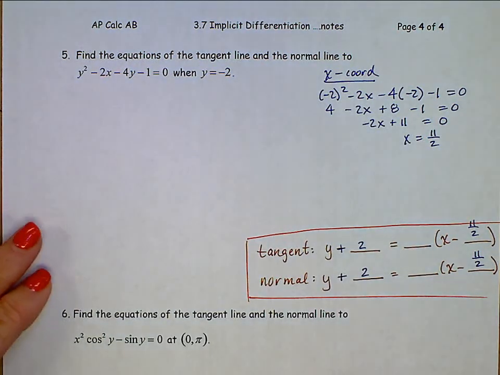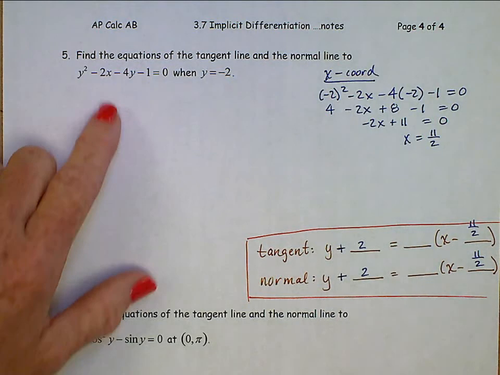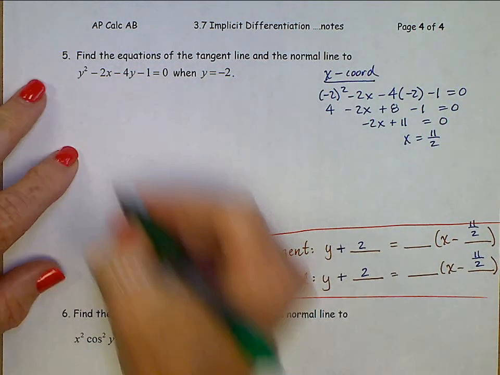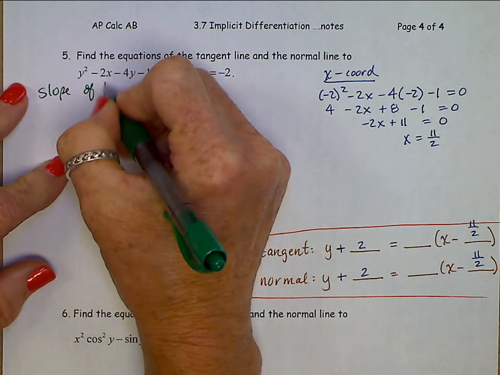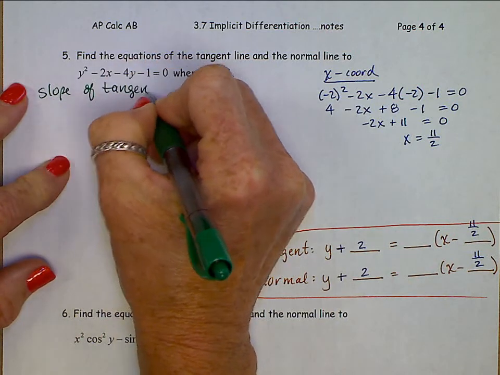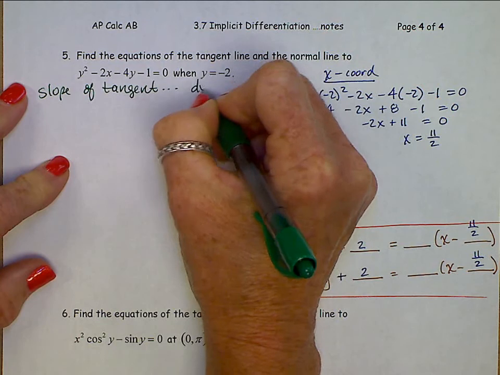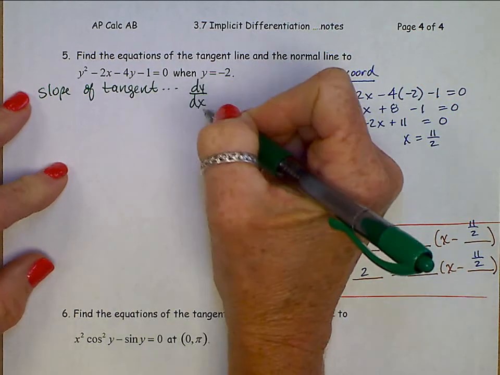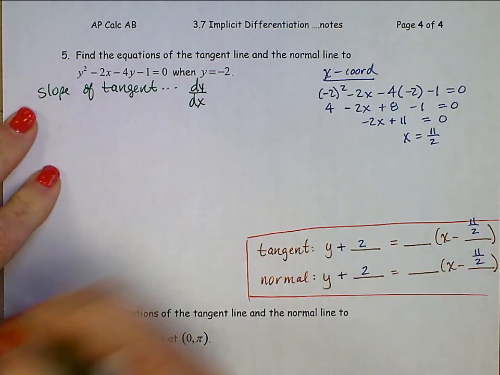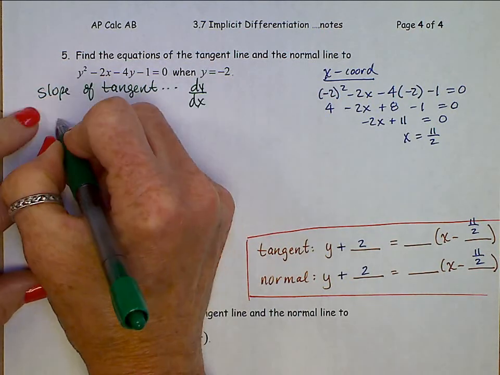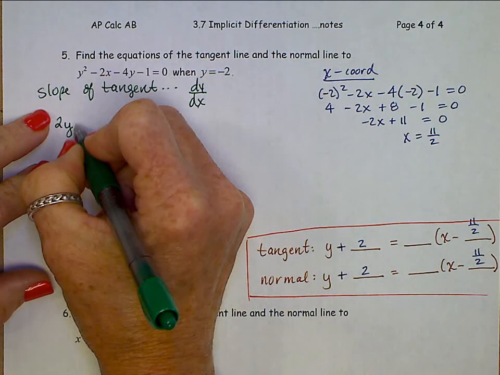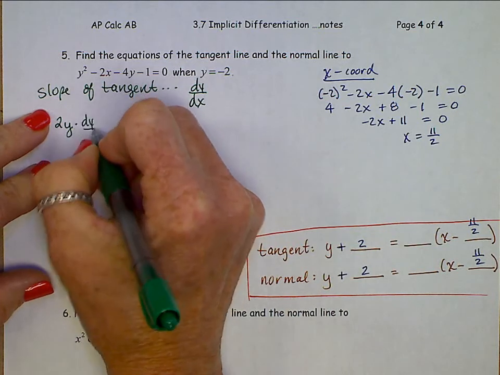All right. Now let's go find the derivative to find the slope of the tangent. So dy/dx. Let's start right here. The derivative of y squared is 2y times dy/dx.